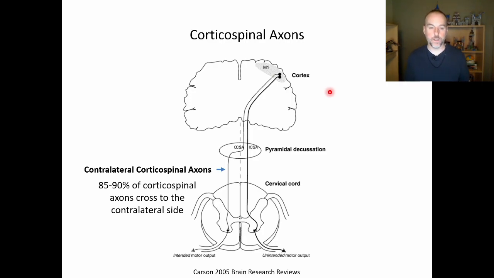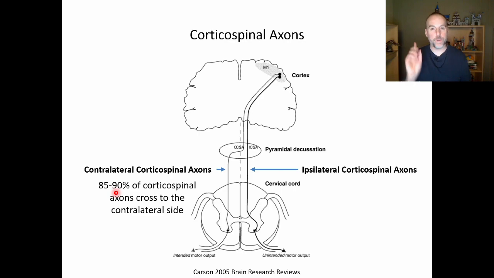And that's shown here. So here we have our contralateral corticospinal axons, the ones we think about, and they descend and then they cross to go to the opposite side of the body. So here, your right hemisphere would be sending a motor command to your left hand, for example, or to your left foot. This is most of our corticospinal axons, about 85 to 90% in most individuals.